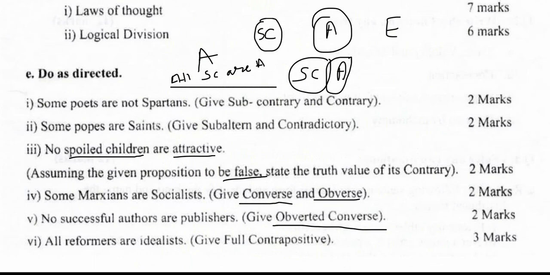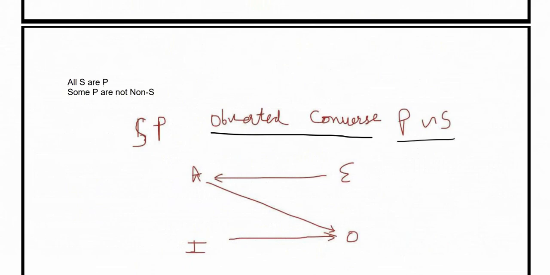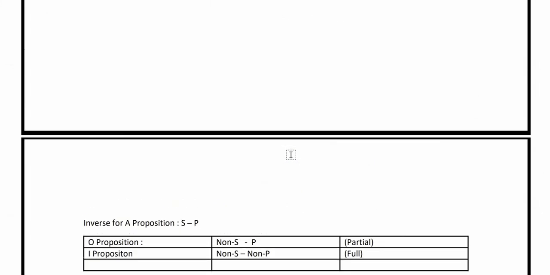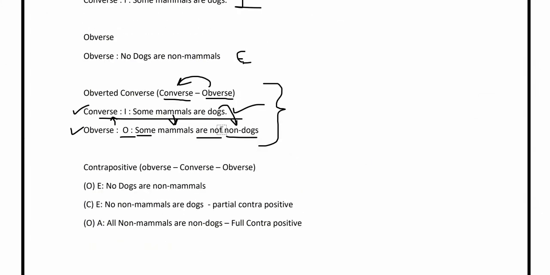Alright, so if you can remember this diagram, good; or else we simply do first the converse and then the obverse of that. This procedure also we can follow to do the obverted converse. So both the techniques I have shown you, whichever you find easier, you follow that. For the diagram, you write A, E, I, O quickly.